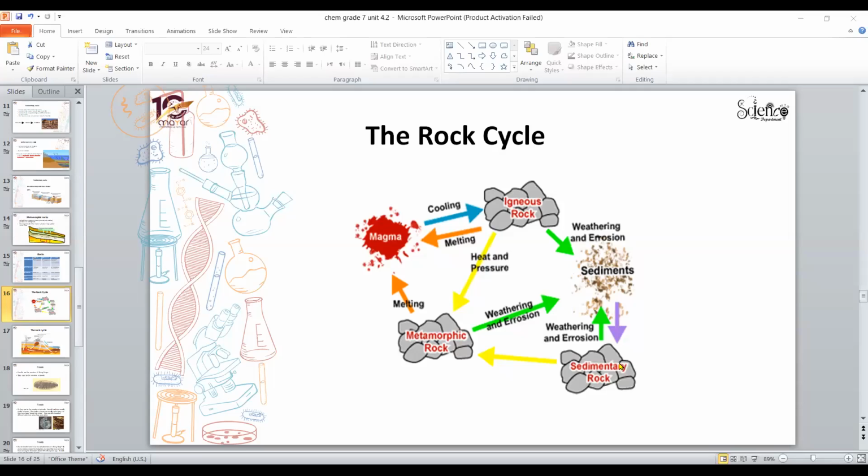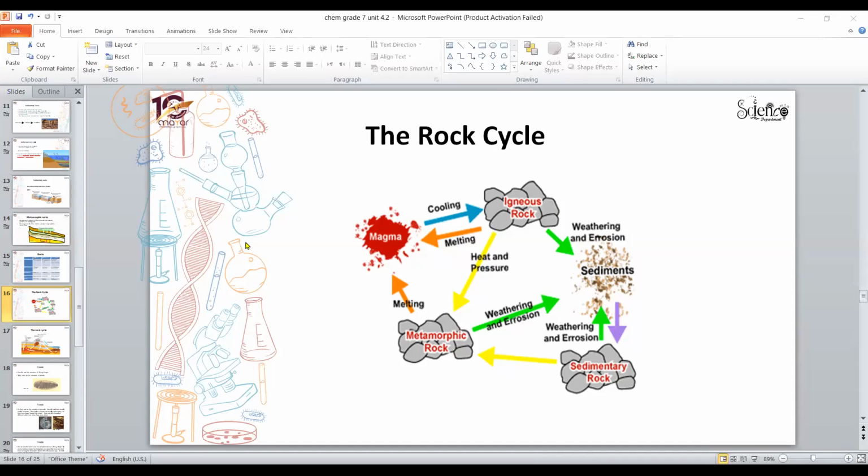Now, what if the sedimentary rock is under pressure and temperature? In this case, I'm going to have metamorphic rock. If the metamorphic rock is under high temperature and it melts down, I'm going to have magma again. So it's a cycle actually, from magma to igneous to sedimentary to metamorphic.